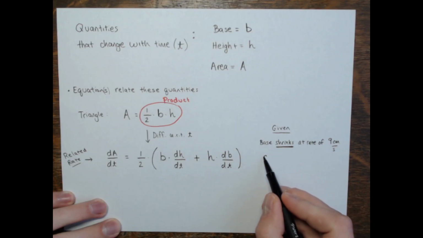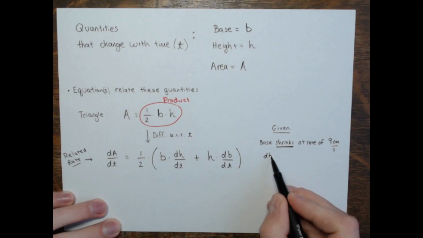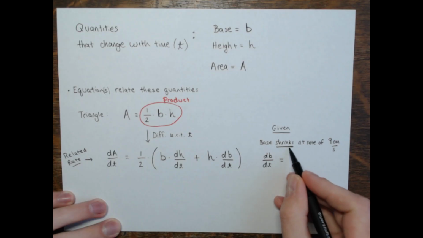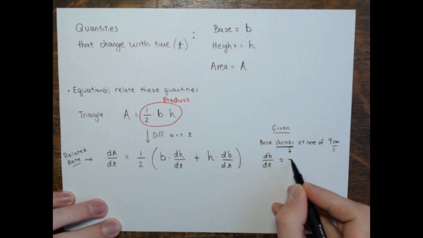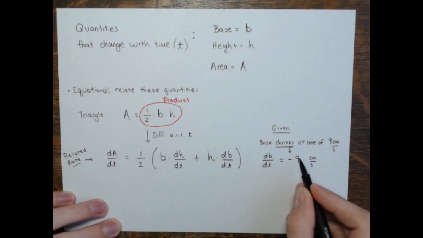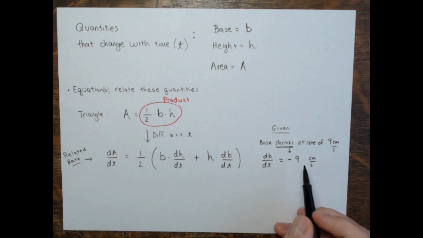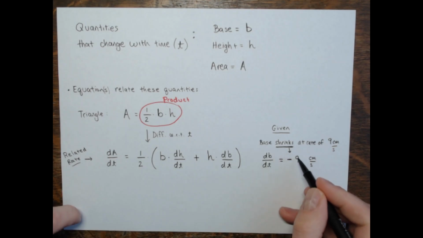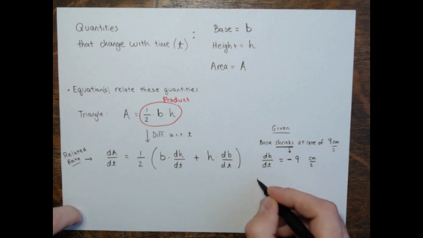That means dB dt, the rate at which the base is changing over time, should be negative 9 centimeters per second. But I'm just going to plug in negative 9 for dB dt. And when quantities shrink, when quantities decrease, you get a negative rate of change.